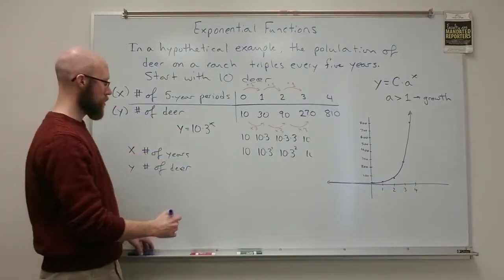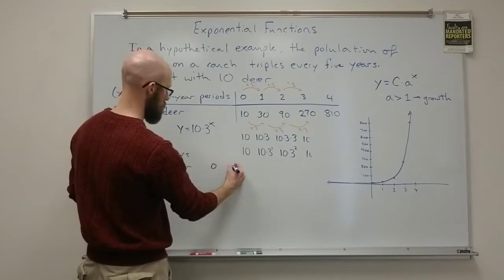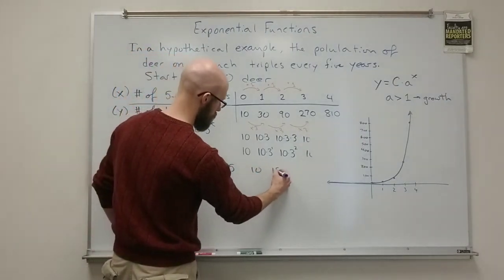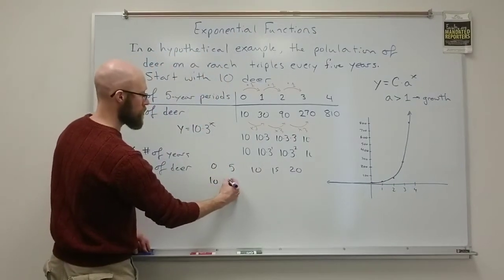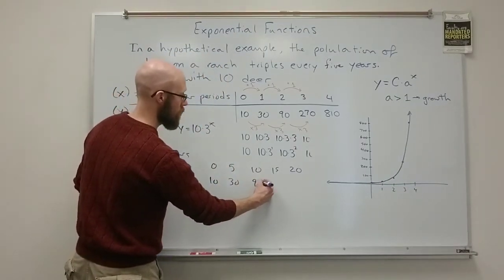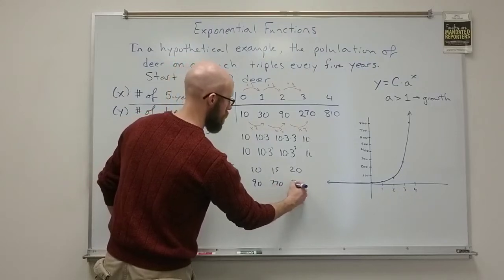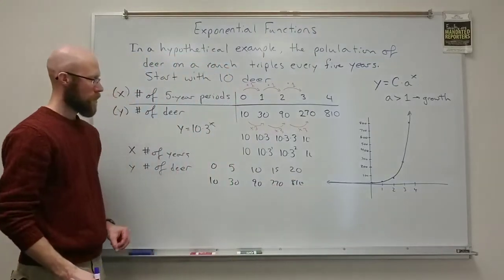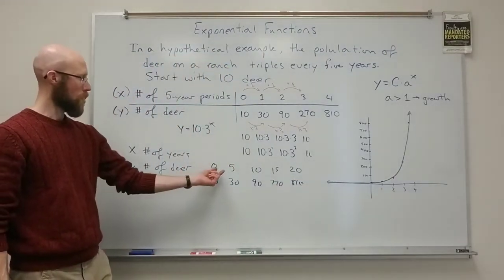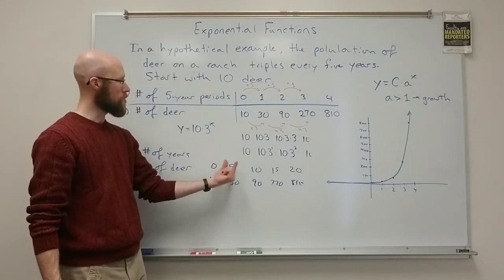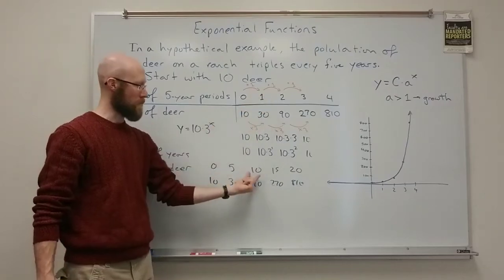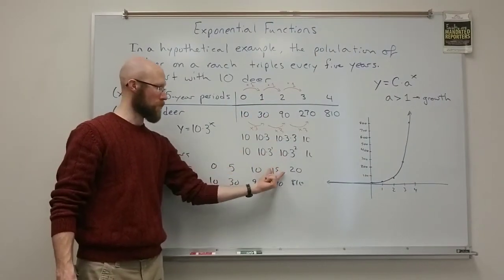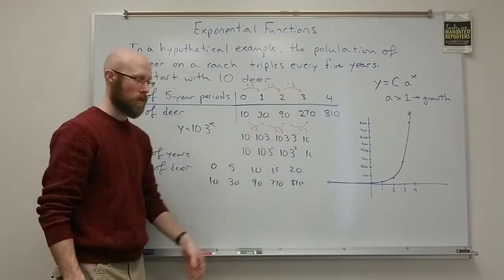What we end up with is a table that would have 0, 5, 10, 15, 20, and so forth, but the same outputs. And so to turn these years into 5-year periods, you'd have to divide each one by 5, right? 10 divided by 5 is 2, 15 divided by 5 is 3, and so forth.